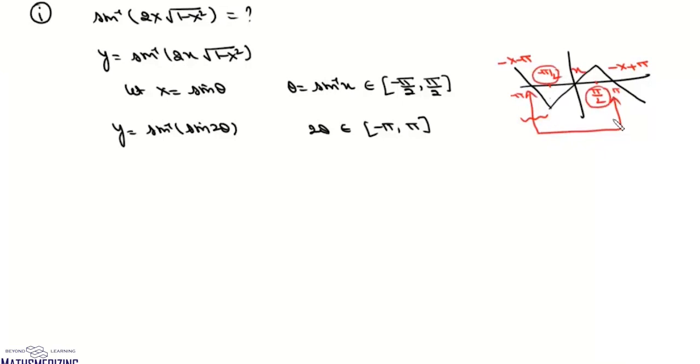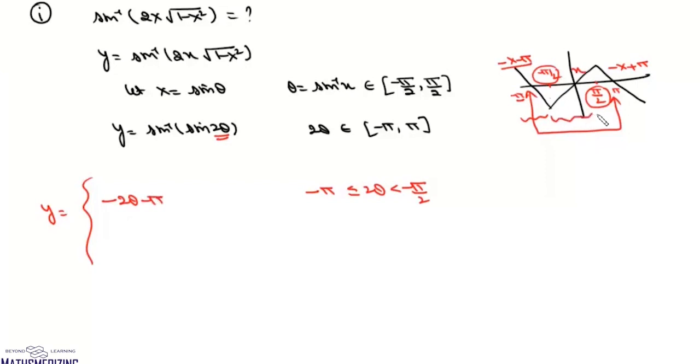So here we have to consider three separate cases. We can write y equals, for the first interval when 2 theta lies between minus pi and minus pi by 2, the definition is minus x minus pi. Here x is 2 theta, so we get minus 2 theta minus pi.